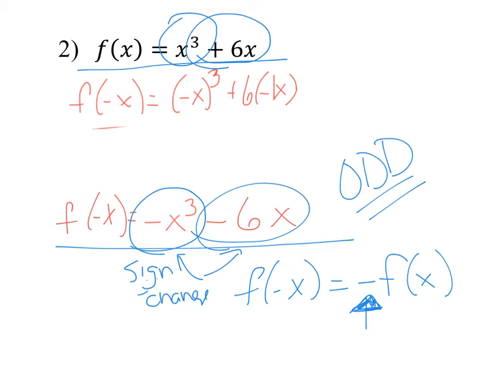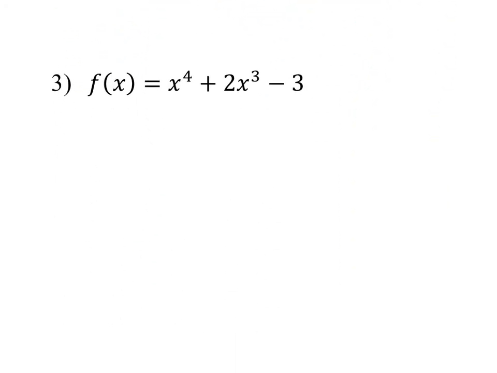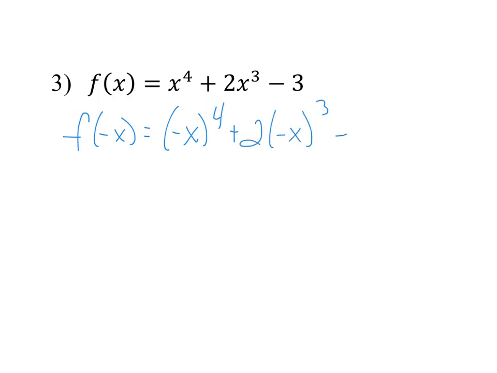And then the last one, take a guess what's going to happen with this one. So we plug negative x in. Negative x to the fourth plus 2 times negative x cubed minus 3. Like we said before, this is an even exponent, so whatever's inside parentheses is going to be positive.